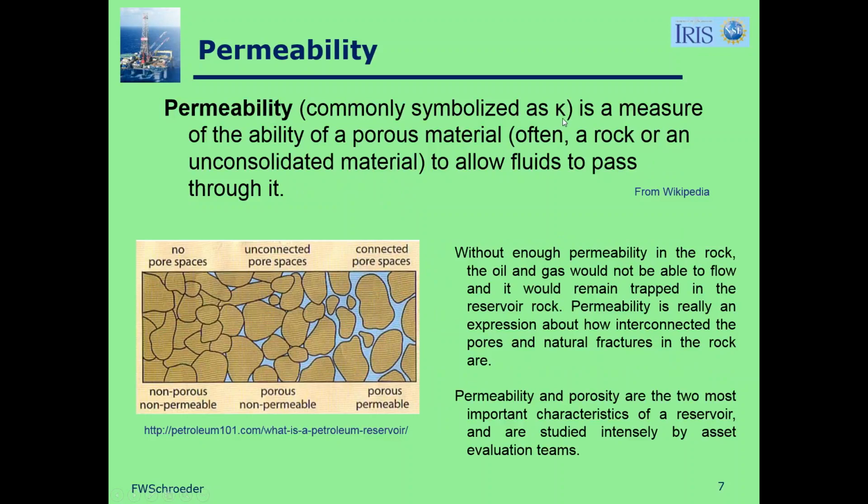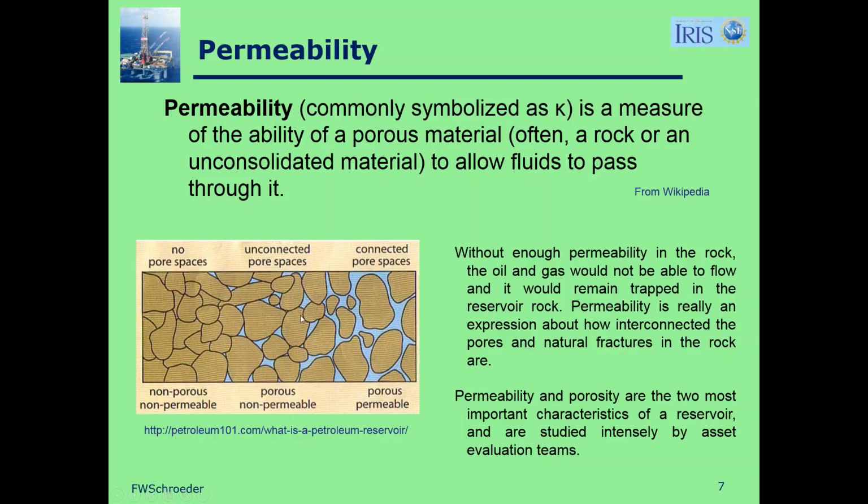And permeability, it's symbolized by the Greek letter kappa or K. It's the ability of a porous material to allow fluids to pass through it. And so there's a little bit of a diagram here. No pore space and no permeability on the left. In the center, the pores are represented by the blue, the grains are the brown.